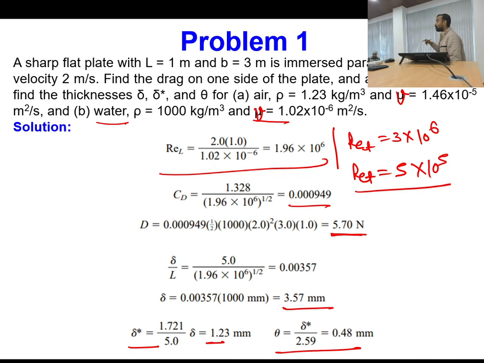So it is now a combination of laminar as well as turbulent flow. Once we have the combination, what will be my CD? I need to use the CD relation which accounts for both the laminar and the turbulent effects. What is the value of CD? I gave it to you in the last class. What was the value of CD?